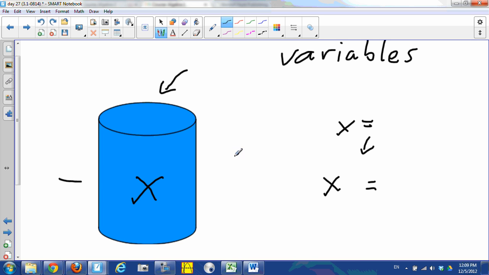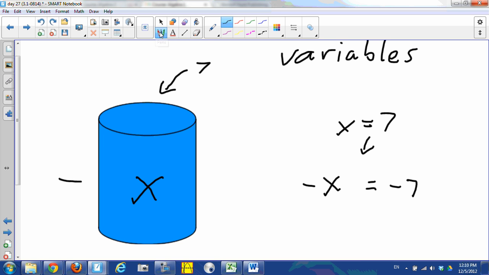You negate a number by multiplying it by -1. So if the number in the bucket equals 7, then x equals 7. If we negate that 7, then the negation of the number in the bucket would be -7.